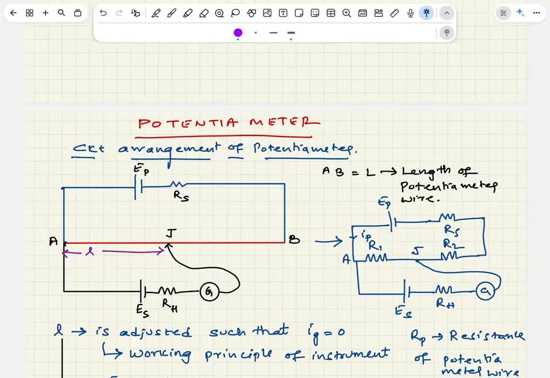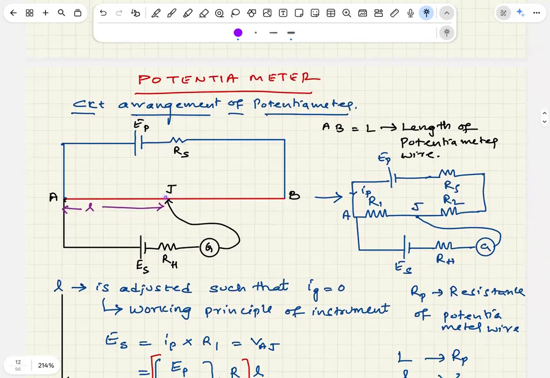So for example, the basic structuring is, I will take another battery which is called the secondary source, secondary voltage, whatever it is, a resistance box, high resistance box, a very sensitive galvanometer, and a jockey. Basically, the place where you are placing the jockey will change the nature of the circuit.